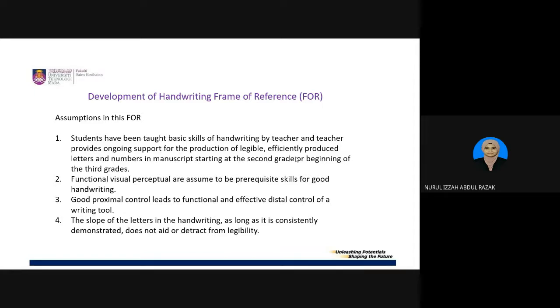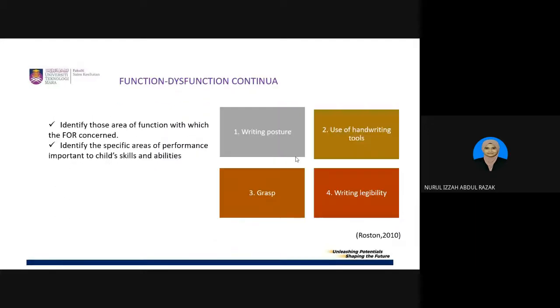The second assumption is that functional visual perception is a prerequisite skill for good writing. The third is that good proximal control relates to functional and effective distal control of a writing tool. The last assumption is that the slope of the letters in handwriting, as long as it is consistently demonstrated, does not add or detract from legibility.